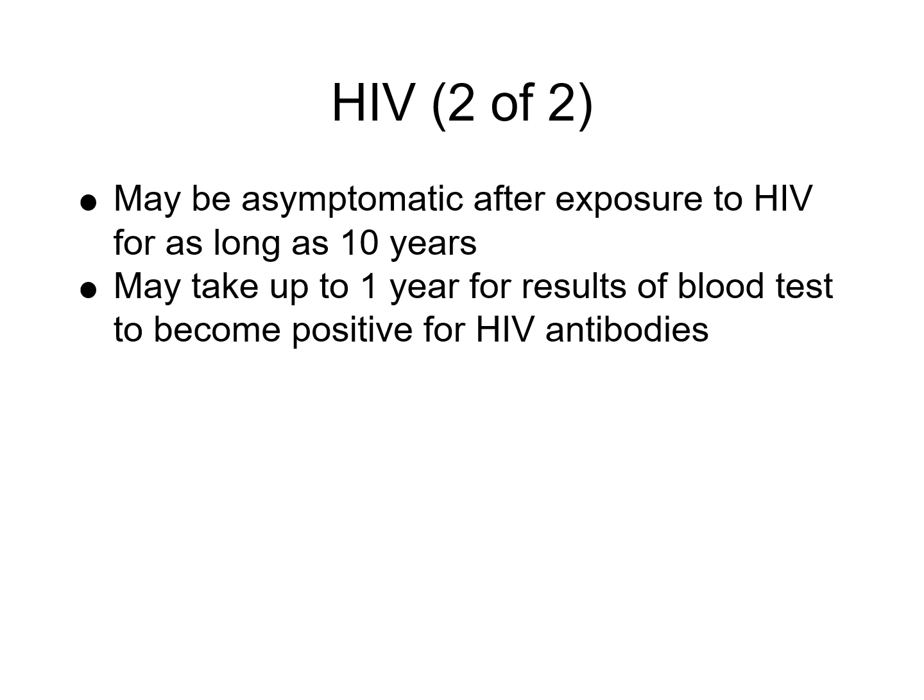You may be asymptomatic after exposure to HIV for as long as 10 years. It may take up to 1 year for results of blood tests to become positive for HIV antibodies. And so it's really, really hard to detect it. Once we have detected it, you've already had it for a year.